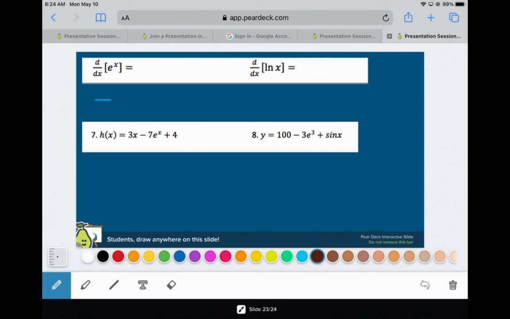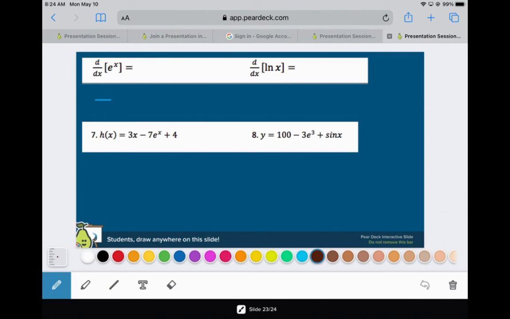I would call this a check-in point, an access slip, or whichever you call it, and I'll give you a point for this. So go ahead and try 7 and 8. You can go in Pedict and start.